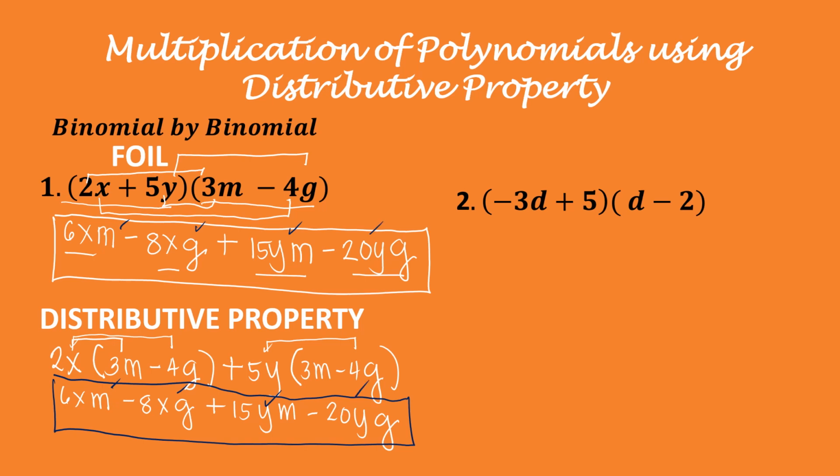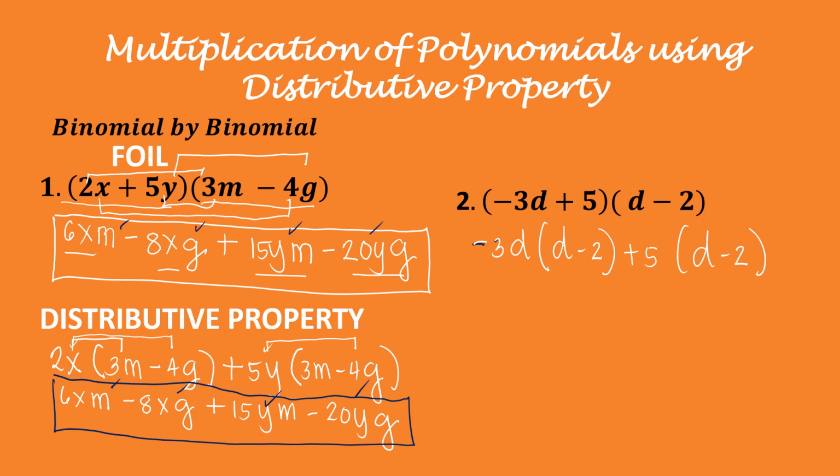Now let us use the distributive property to prepare us for the next slide. So we have to copy the negative 3d times d minus 2. Then you have there a plus 5 times d minus 2. Then let's proceed.